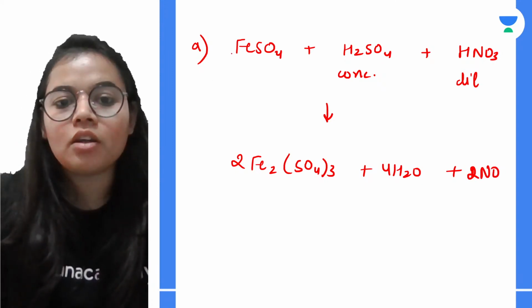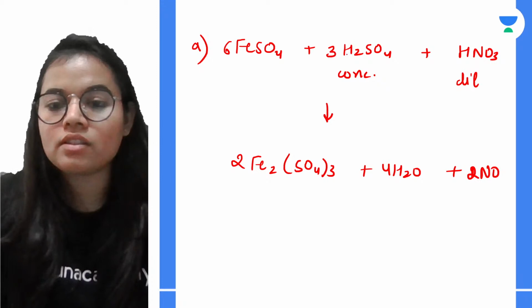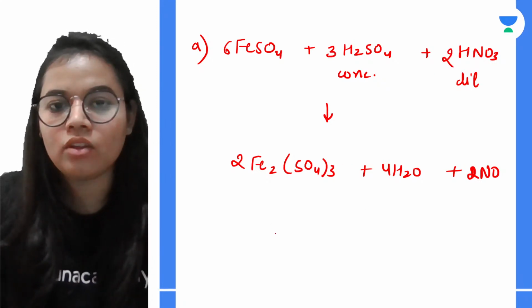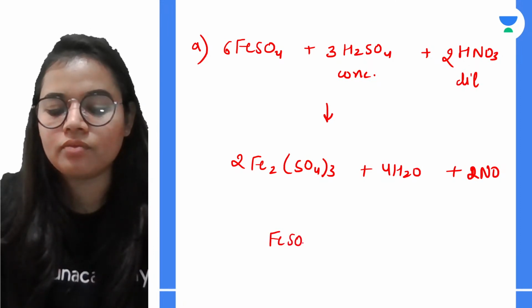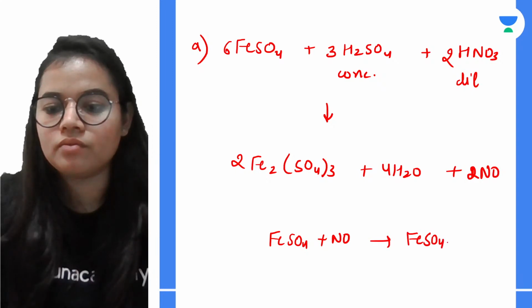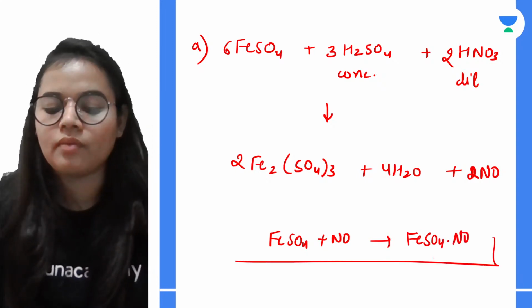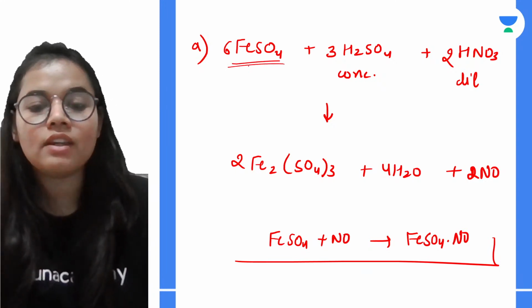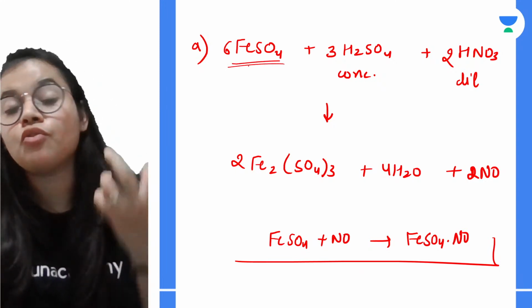Okay. Talking about balancing, balancing the equation is again a very important thing. Abhi this FeSO4 plus NO, it will be giving what? Okay, now over here we need this FeSO4 which is very freshly prepared.